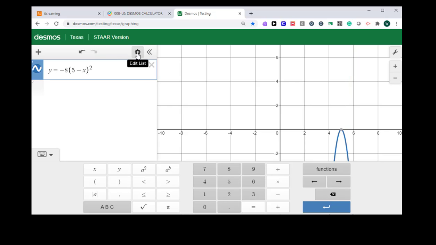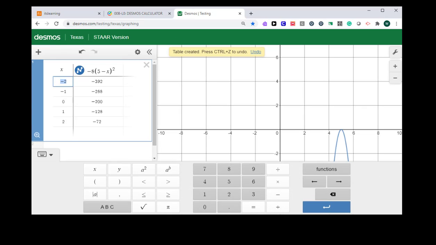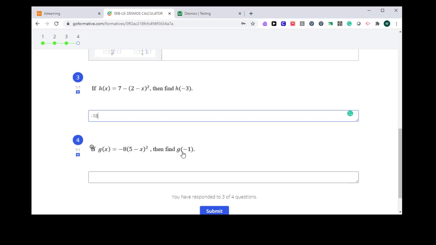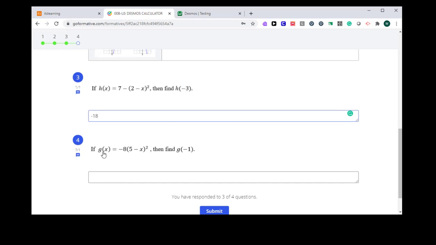And we click the wheel, and we click the table, and in this particular problem we want the value of -1 for x. Well, it so happened that -1 is already there, so we don't have to change anything. So all we have to do is, and -1 is -288.